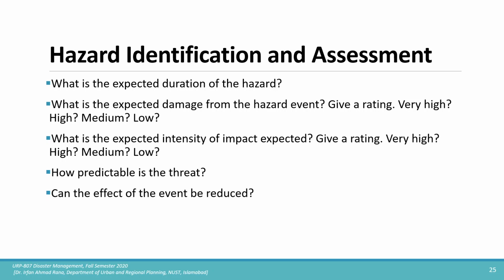What is the expected duration? What are the expected damages? What are the expected intensities and the predictability? Based on all those different factors, if we incorporate them in our models, we can have a very good hazard assessment model in which certain areas will be at high hazard and certain areas will have low hazard.